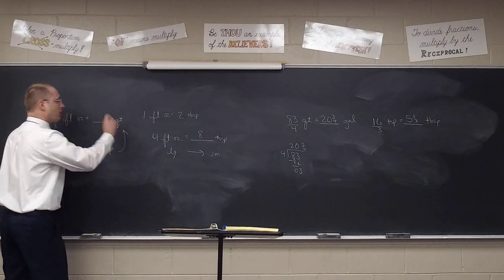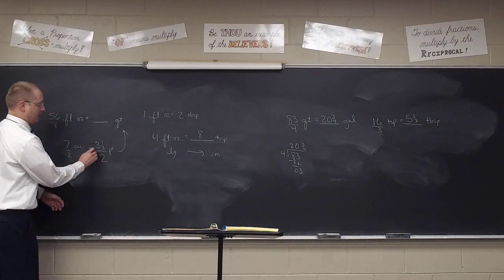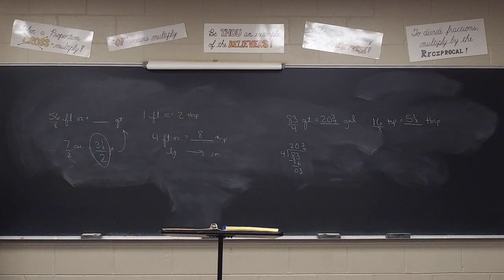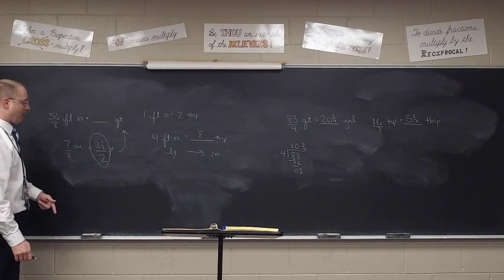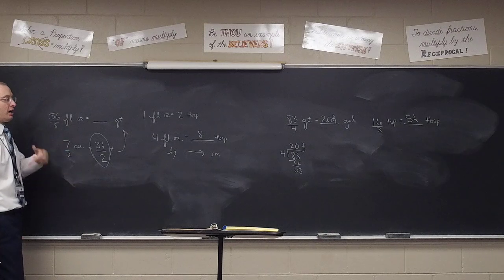But that's still pints. I need to go to quarts. How many pints in a quart? 2. I have to divide by, wait a second, what have I just created, class? A complex fraction is a division problem. Do I really want to divide though? No. We want to multiply by the reciprocal.